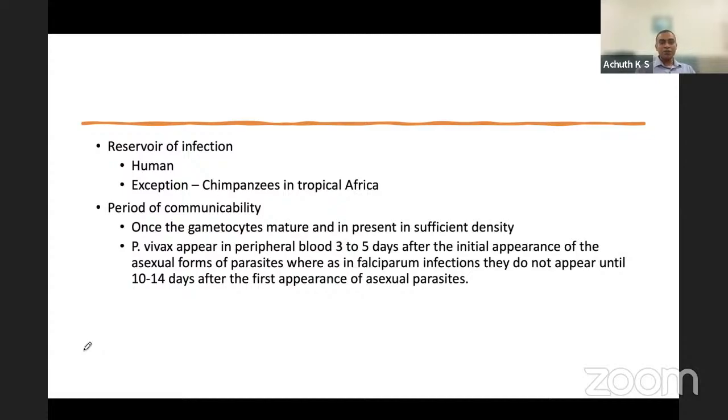Vivax appears in peripheral blood 3 to 5 days after the initial appearance of asexual forms of parasites, whereas falciparum infections do not appear till 14 days. That means the asexual forms of vivax appear early in the bloodstream compared to falciparum. Why are we discussing vivax and falciparum? Because they are the most common. Malaria happens here and there, and ovale is very rare. Okay.